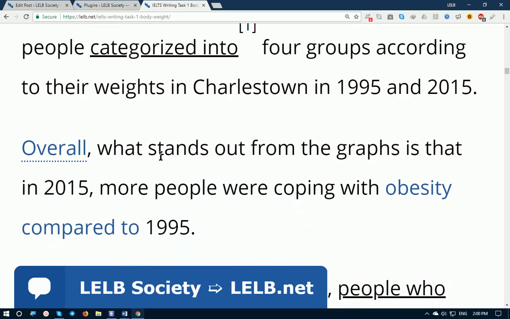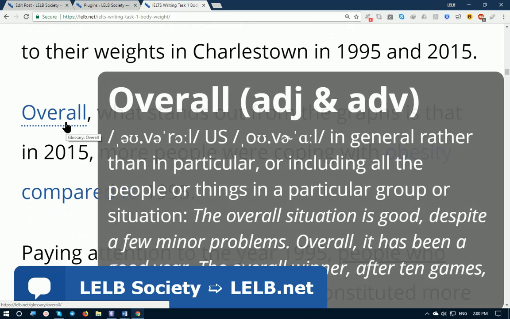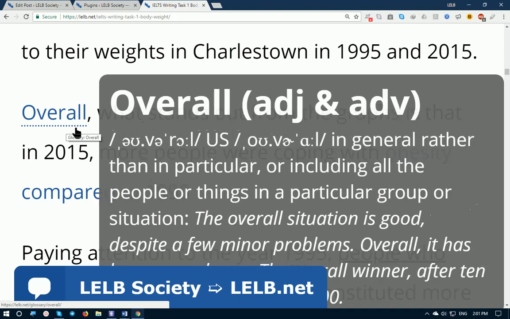Paragraph 2, overall. Overall means in general rather than in particular, or including all the people or things in a particular group or situation.